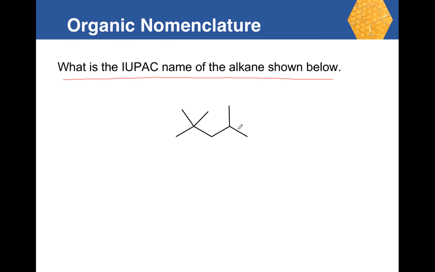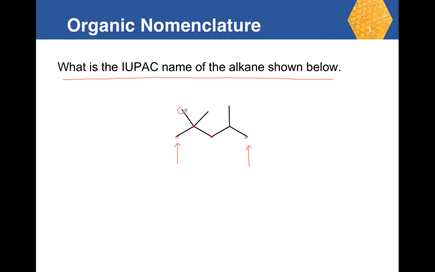So let's start. So we have 1, 2, 3, 4, 5. So that seems to be the longest chain. So we have a pentane as the longest chain. The question is, do we start here in our numbering or here?